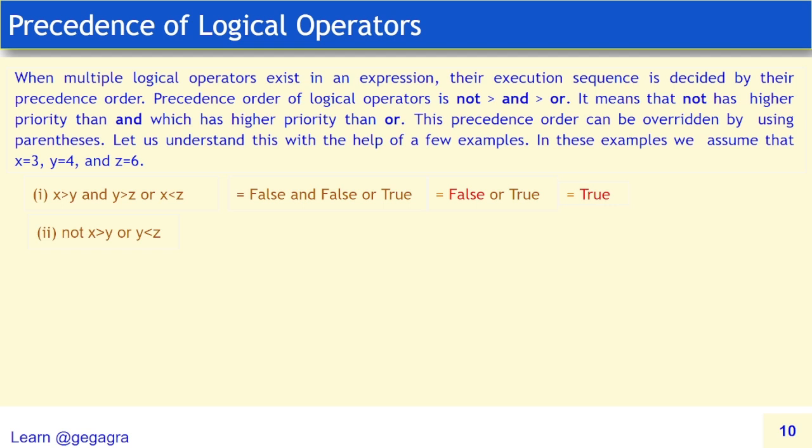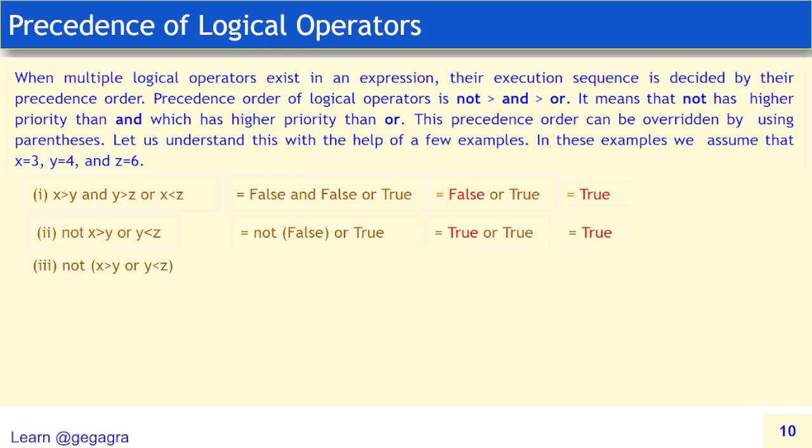Now the next example: not x greater than y or y less than z. So x is 3 and y is 4, so x greater than y is false. We evaluate not of false, and after the or, y less than z, yes, y is less than z, so this will give you not false or true. Not false is true, and true or true will give you true.